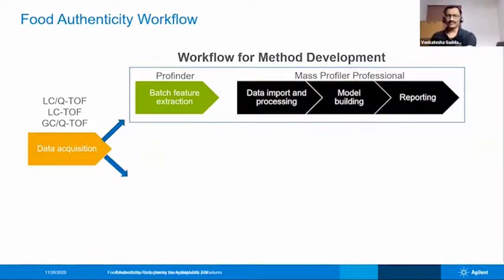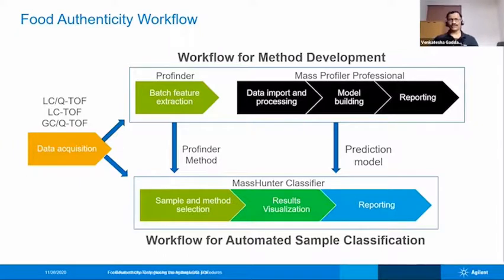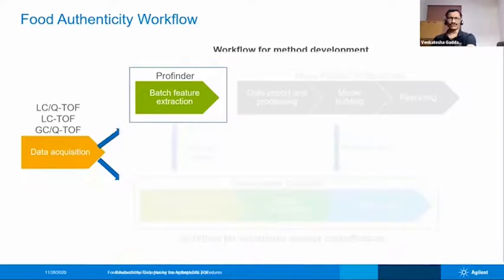In the second step, you get the Profinder method and the model, only these two, and then for the routine QC sample, they just collect, extract the sample, inject, and they get the report. As easy as automated. It's as easy as three steps, a complete workflow which automates sample classification.